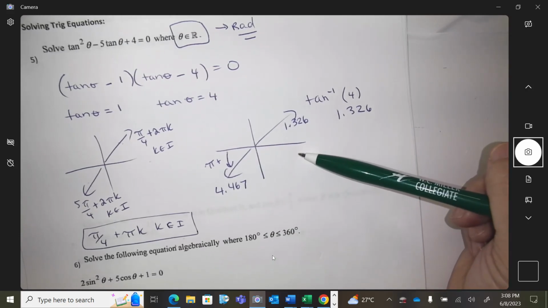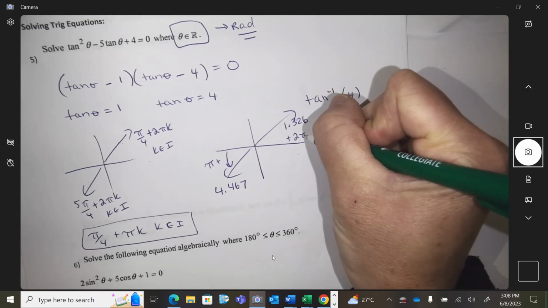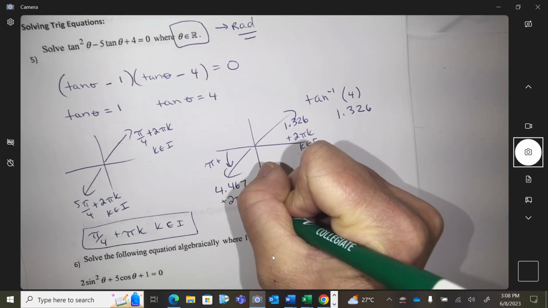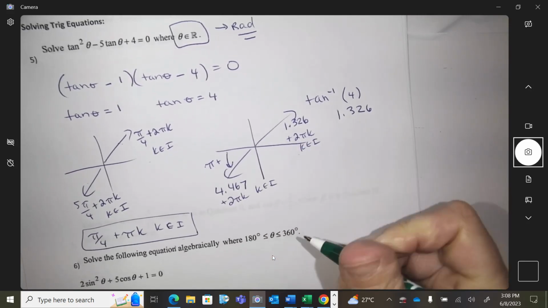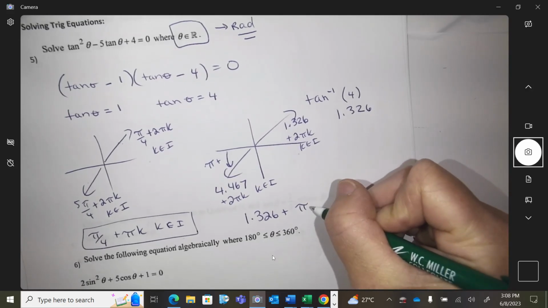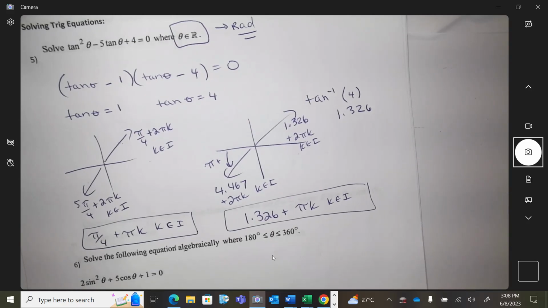In this quadrant, you're less than 2 pi. So plus 2 pi k. Okay, also you could have just written it with 1 pi rotations as well. Is that coming back to you, all that kind of stuff?